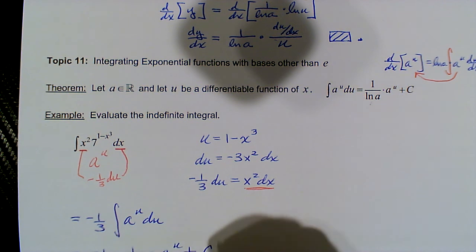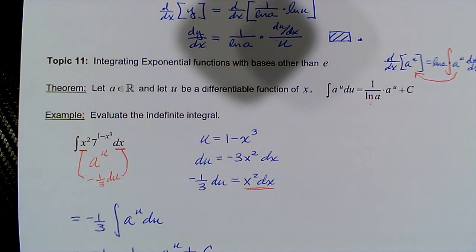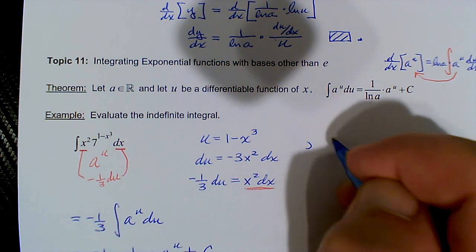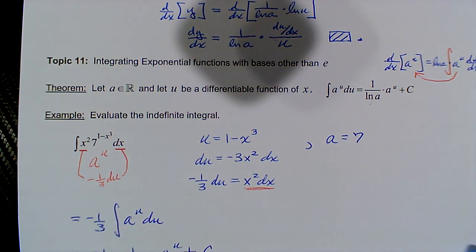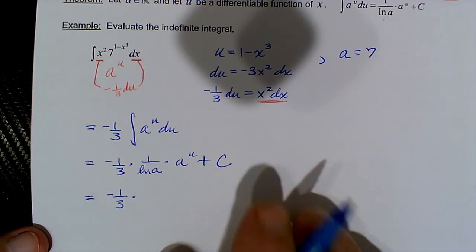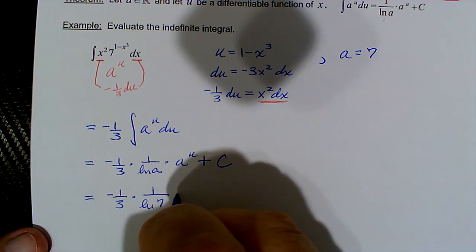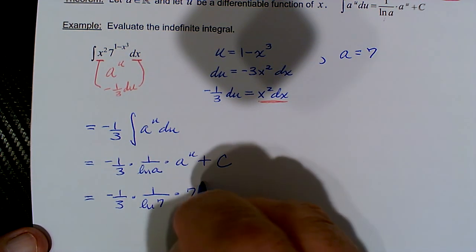I probably should have stated, maybe off to the side here, that a is equal to 7. So that's our base. So we get negative 1/3 times 1 over natural log of 7 times 7 to the, putting back our u, which was 1 minus x cubed, and then plus our constant.